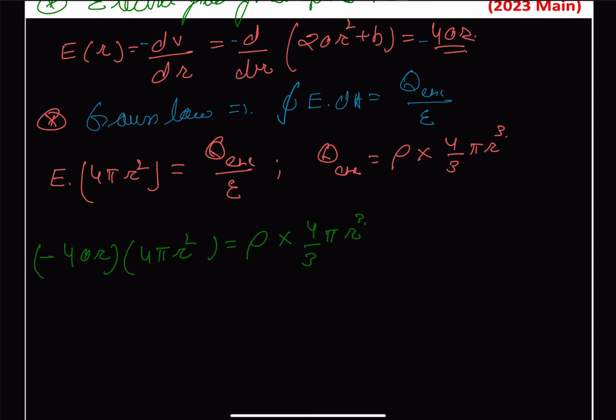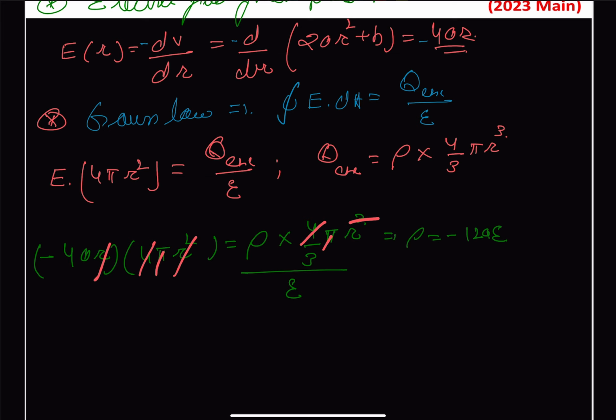We can just cancel pi and pi, this r also cancels out, 4 goes with 4, therefore we get our rho will be equal to 12, I forgot one thing here, the charge enclosed divided by epsilon. So we get this as minus 12 times epsilon, and we are left with a.